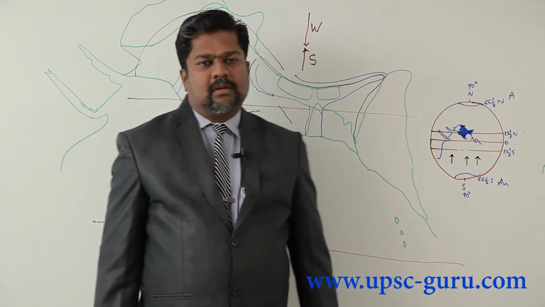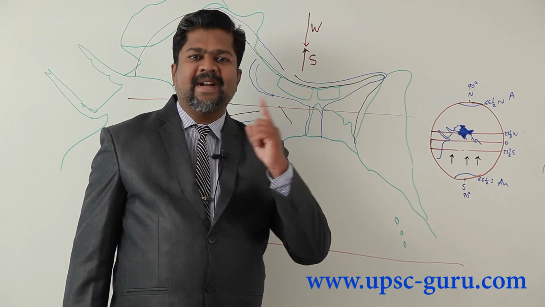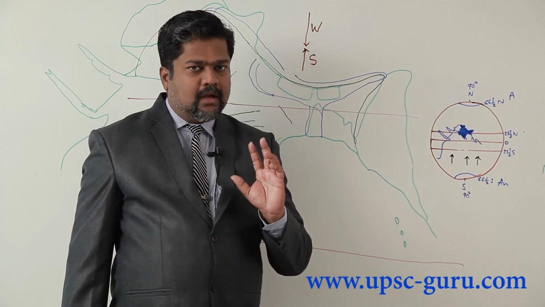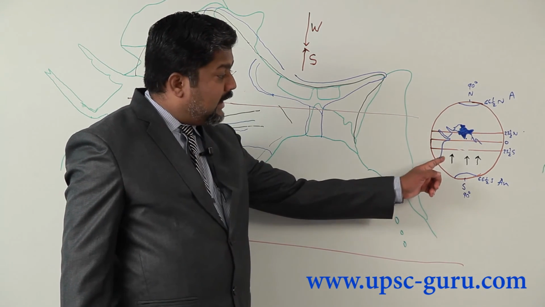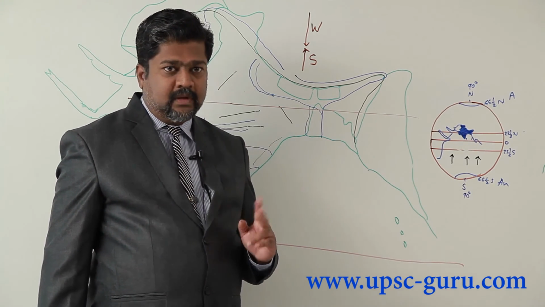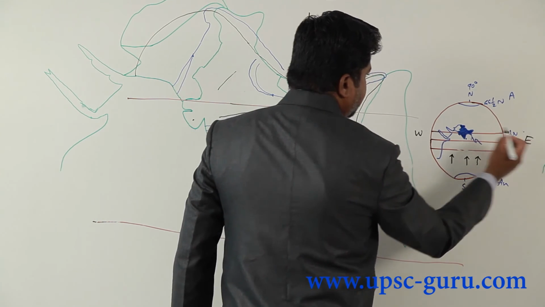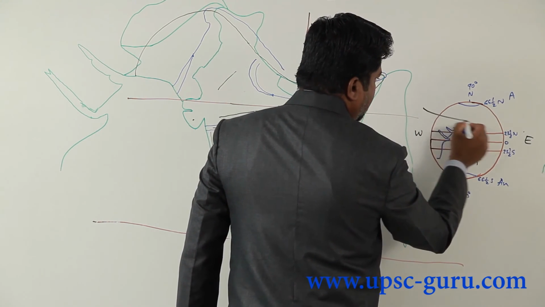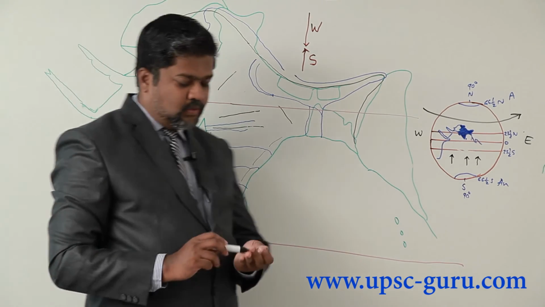But Earth is having rotational motion. Earth is rotating around its axis, and that rotation is from west to east. So this is the west direction, this is the east direction.